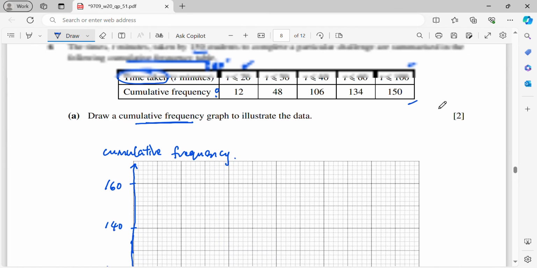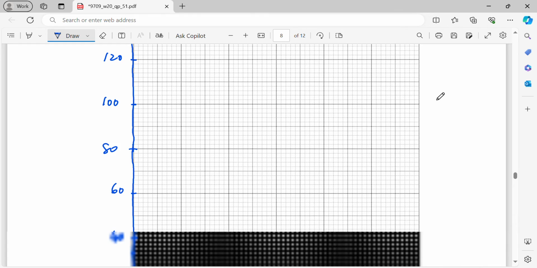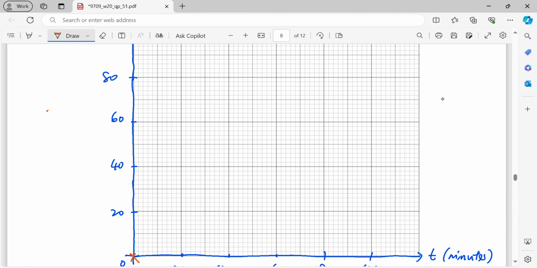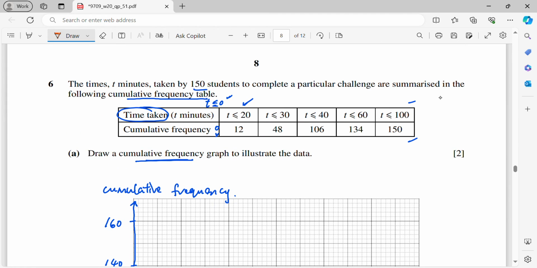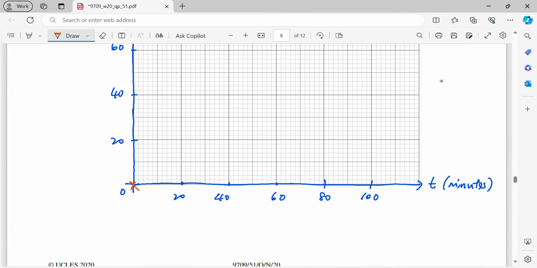Okay, so now start marking the points. When t is 0, your cumulative frequency is 0. So here. And then when t is 20, cumulative frequency is 12. Now from here, I have 10 squares and the value is 20. That means 20 over 10, each square is 2 units.